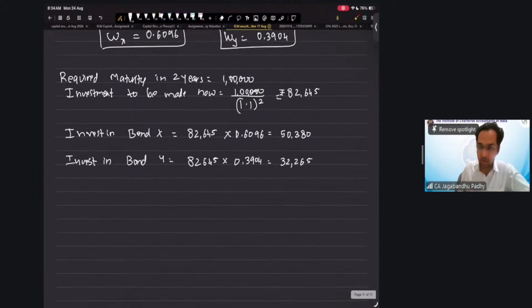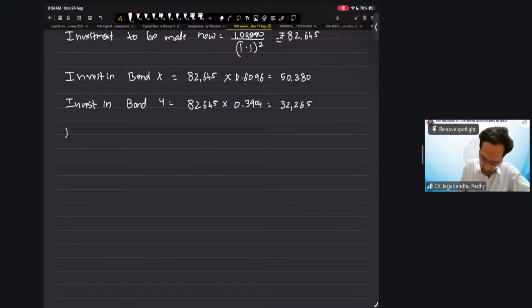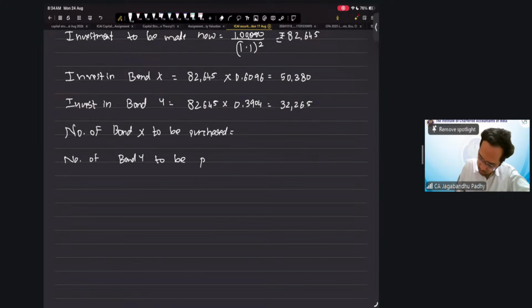This is the investment that we are making. Now the question is the number of bond X to be purchased and the number of bond Y to be purchased.